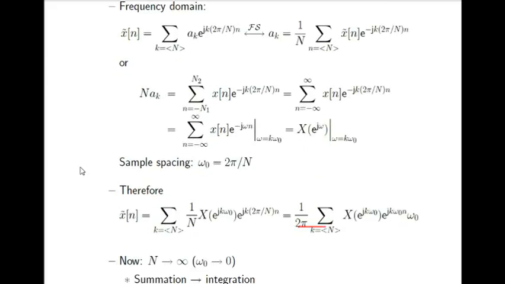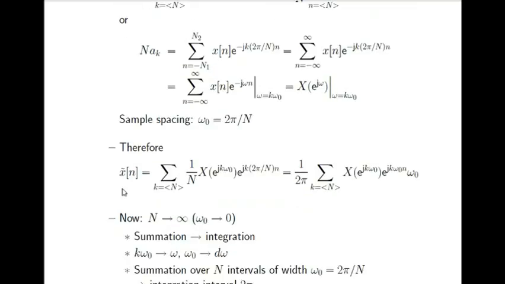Here you can see that x bar n is the summation over one time period N of 1 upon N times X of e to the power j k omega naught, times e to the power j k 2 pi by N times small n. How did I do that?